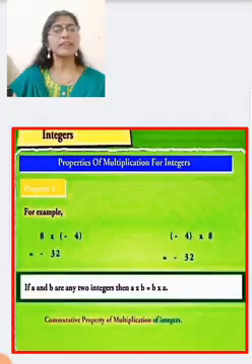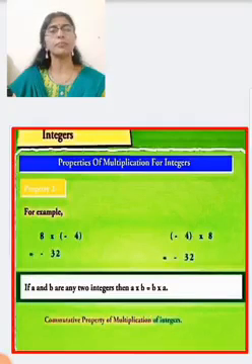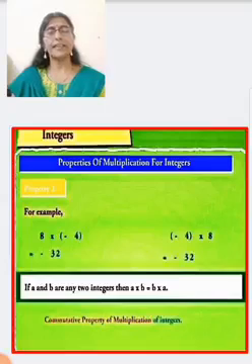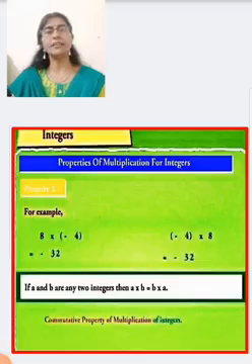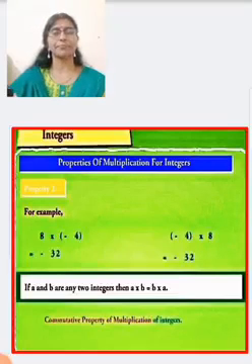Same here also, when we multiply minus 4 by 8, we get 4 8s are 32, and then minus multiplied by plus will again be minus. So you will get minus 32. So you can see on both sides the product is the same.